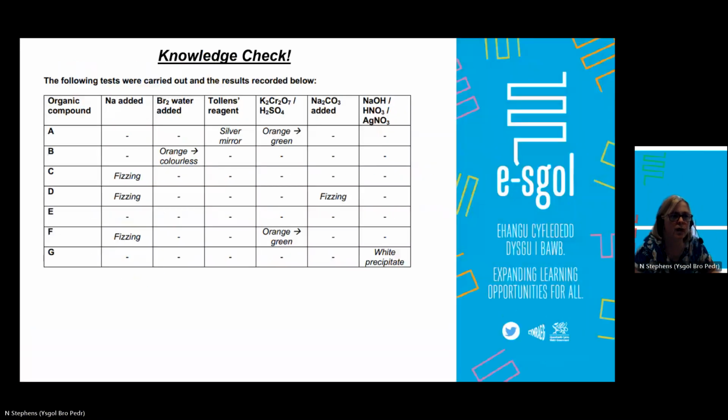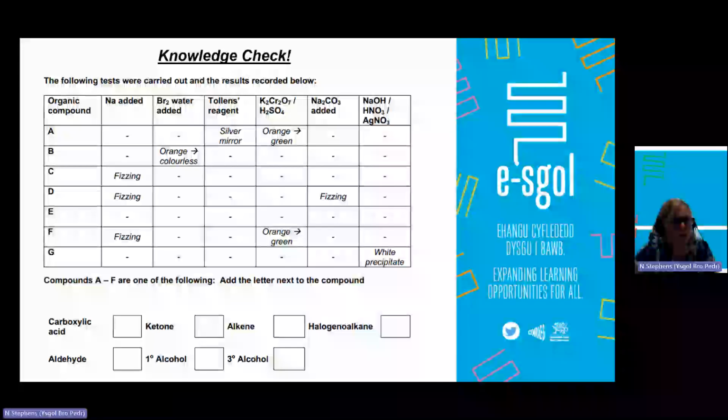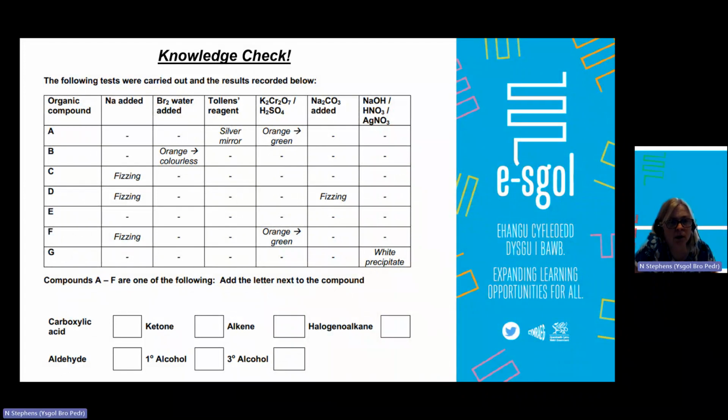Okay. So let's see if you've got an understanding of just that quickly. So just a very brief stop there for a knowledge check. At this point, I would suggest that you do indeed pause this video and have a look at the data and maybe yourself try identifying which ones are which. So compounds A to F are one of the following, you just don't know which one.